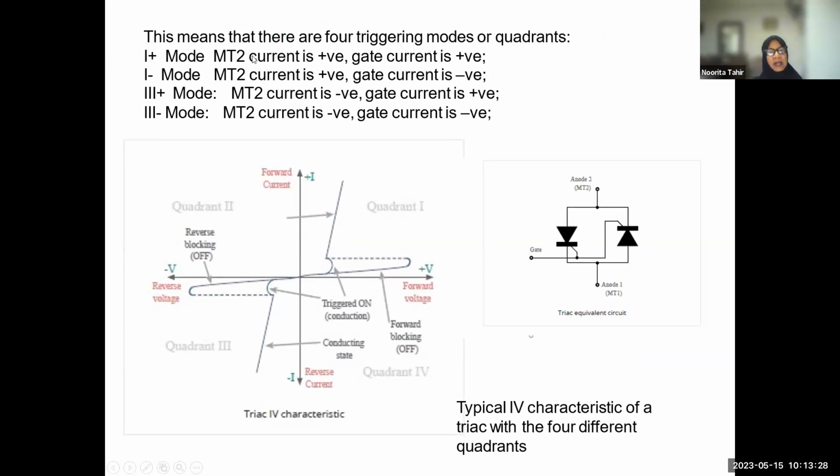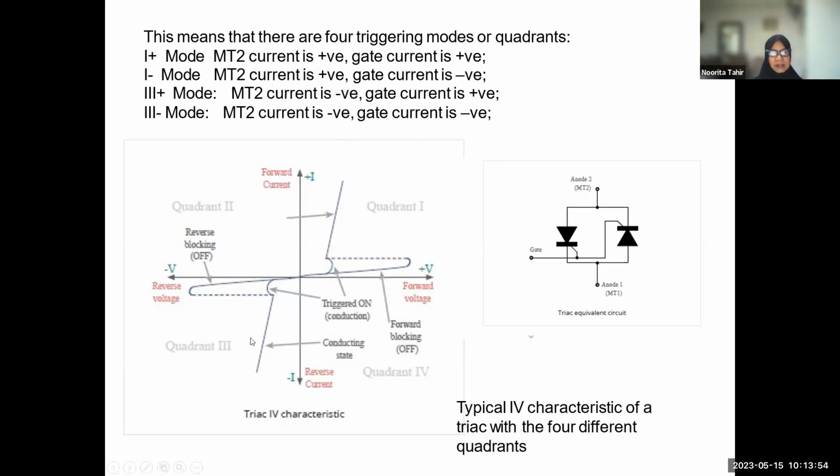Maknanya kalau MT2 positif dan gate current juga positif, ya. So itu adalah yang dia punya highest ataupun greatest, ataupun bila dua-dua negatif, MT2 current negatif and gate current is negative as well. Okay, so ini adalah quadrant 1, okay, and quadrant 3.